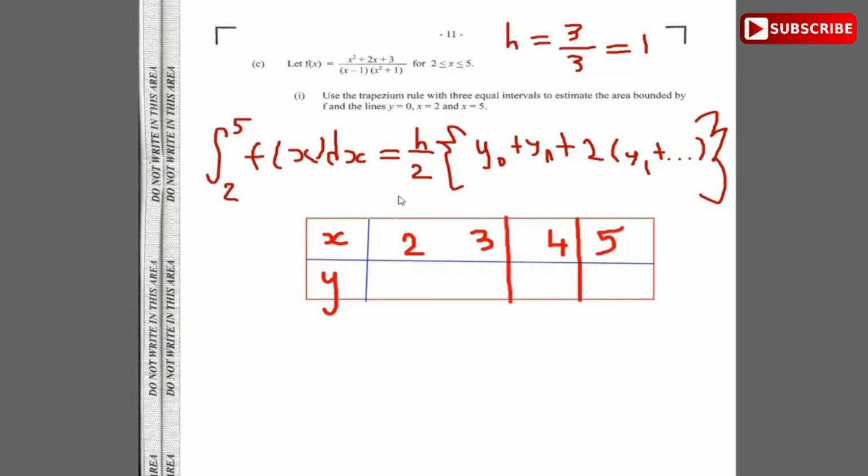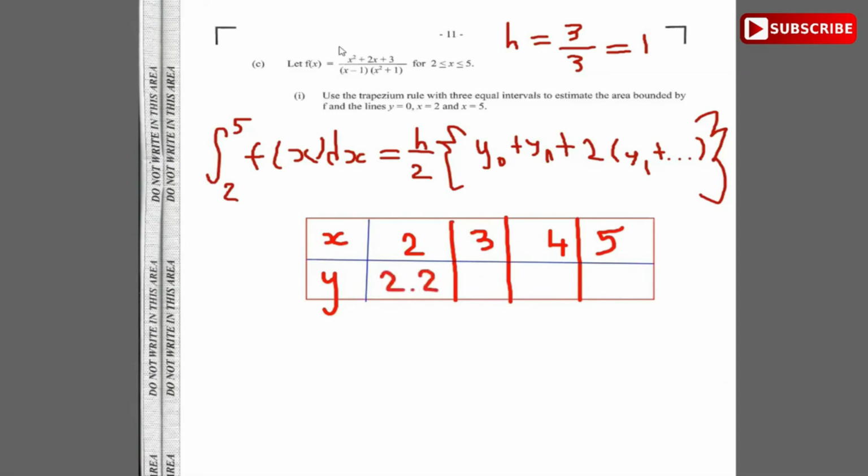Plug in 2. When x is 2, I get 2 squared plus 2 times 2 plus 3, that's 11, divided by 2 minus 1 times 2 squared plus 1, and 2 squared is 4, 4 plus 1 is 5. So right here I'm getting y as 2.2. That's for when x is 2.